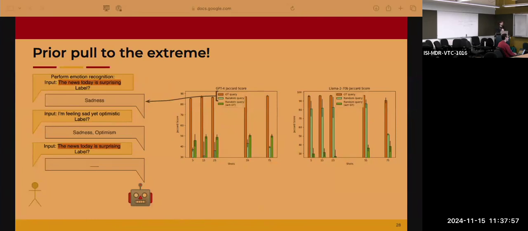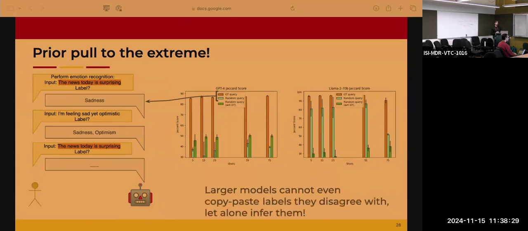You can see the green bars are higher than the blue bars, whereas on the right-hand side, obviously the similarity to the ground truth is less than to the random labels because the model is so good at copy pasting random labels. But it's also interesting to see the green bars are a little bit lower for Llama 2 compared to GPT-4. So Llama 2 resembles the ground truth less and the random labels more compared to GPT-4. So it shows you that larger models cannot even copy paste labels they disagree with, let alone infer them when you're doing in-context learning.